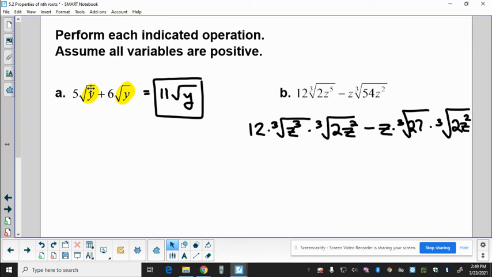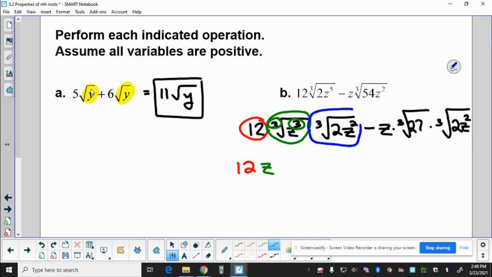So now, here I go. I'm going to work on this information. So this, I'm going to leave as is. This, 3 divided by 3 is 1, so that's just z. And then this is not a perfect cube, so I'm just going to write cube root of 2z squared. Now I'm going to keep going.